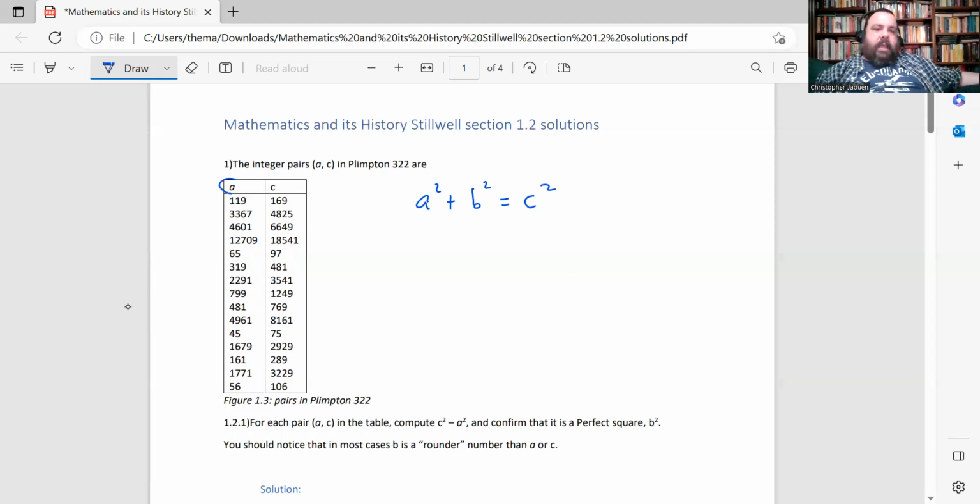Notice that we have the a's and the c's listed. What is missing is the values for b, which is what he wants us to explore in the next couple of problems.